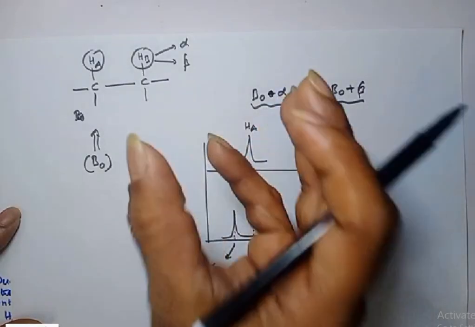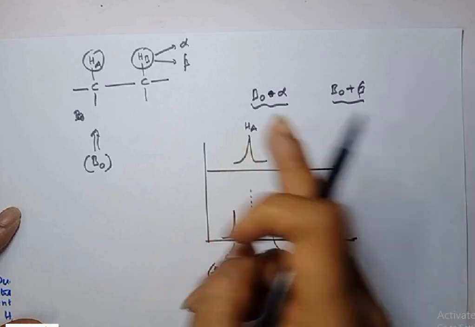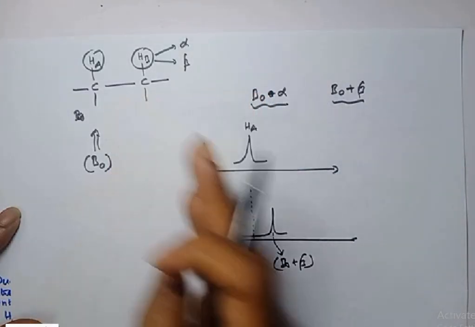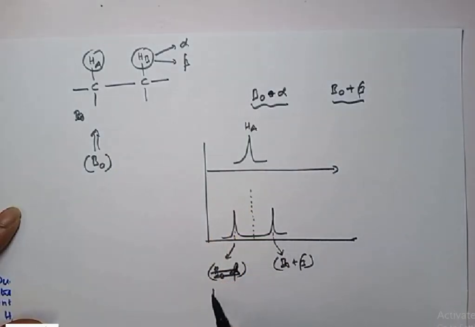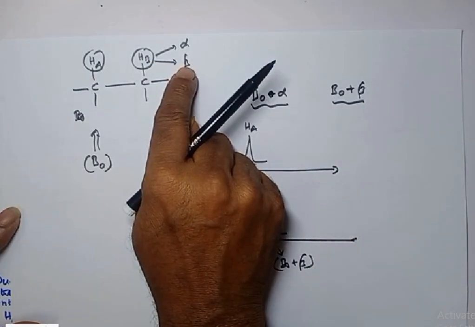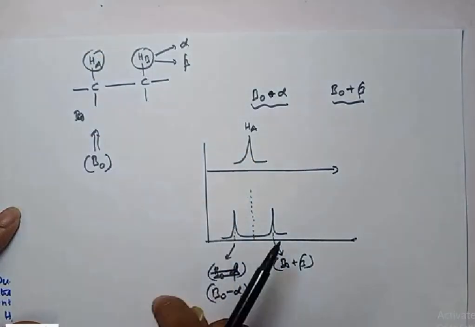Why? In some molecule, the HA proton feels more magnetic field. Therefore, that proton absorbs at lower magnetic field, which is B0 minus alpha. Okay. And in some other molecule, these Hb protons are in beta spin state, where it will oppose the magnetic field.